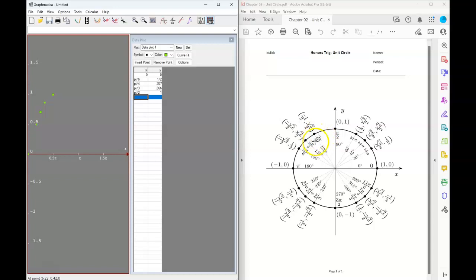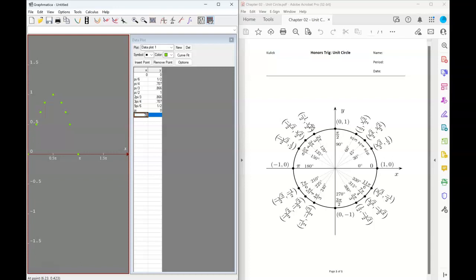The next one is 2 pi over 3 and root 3 over 2. And we just keep going: 3 pi over 4 and 0.707, then 5 pi over 6 and 1/2, then pi and 0 again.